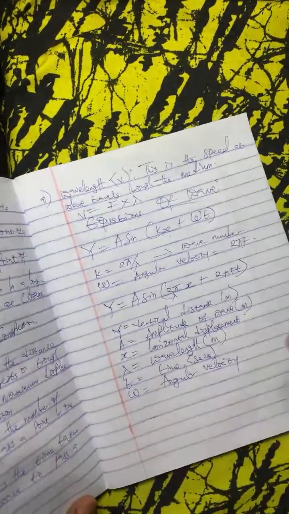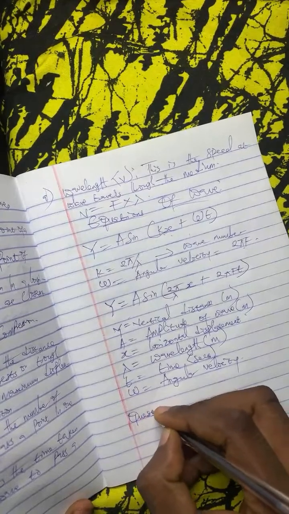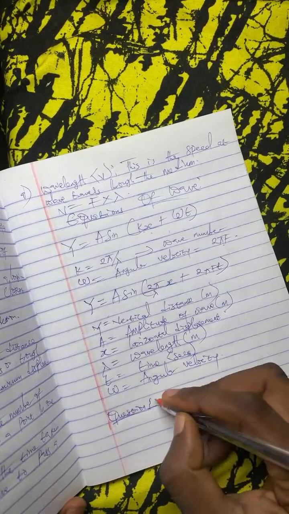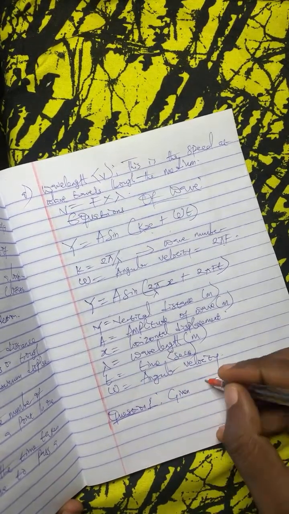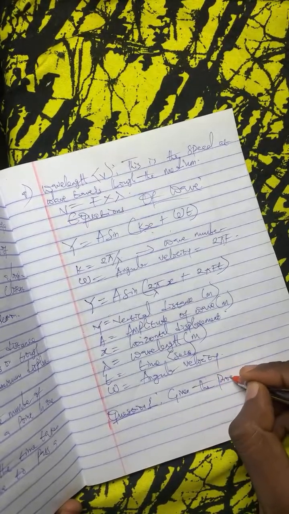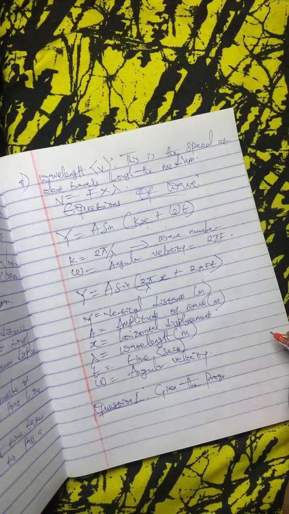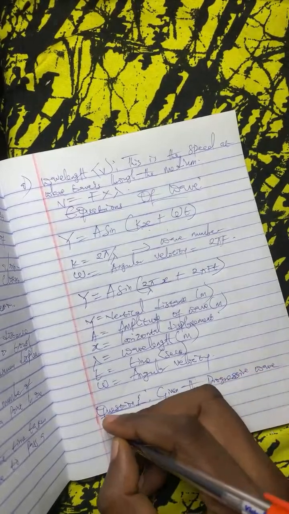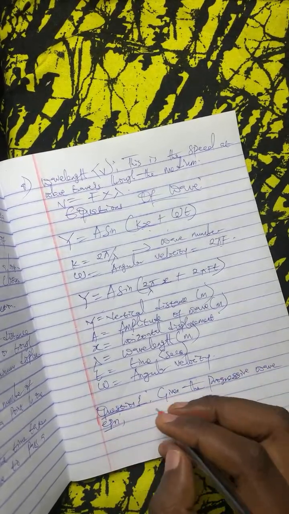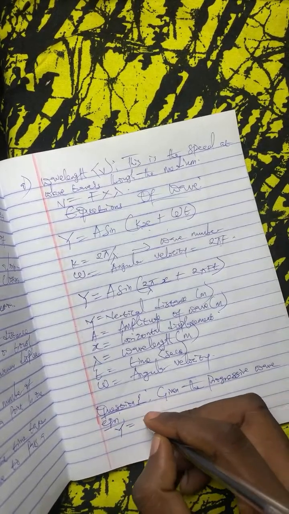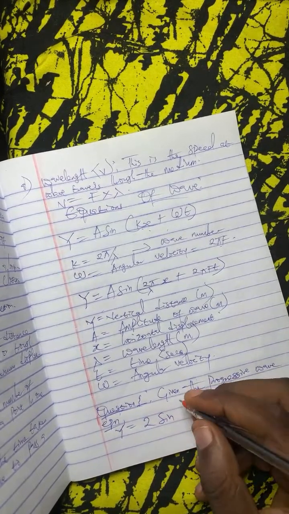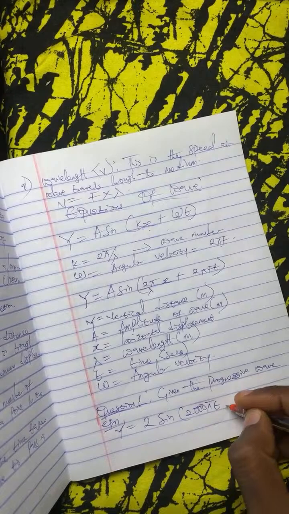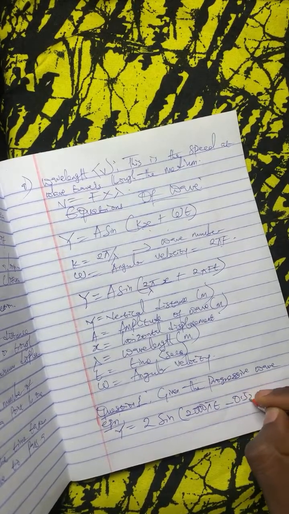So now let's try as much as possible to look at one example. Look at this question. Question 1. Given the progressive wave equation, y is equal to 2 sine, open bracket, 2000 pi t minus 0.5x.